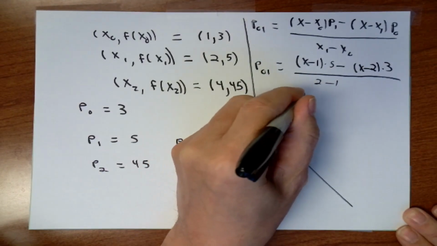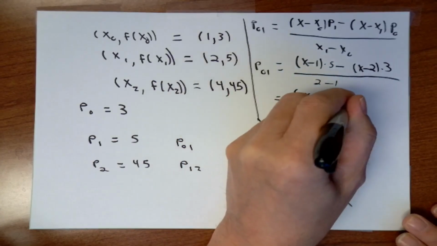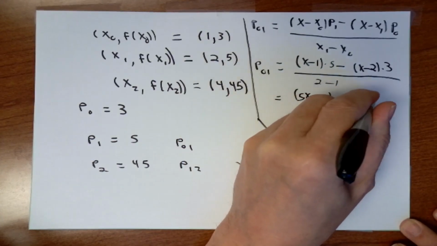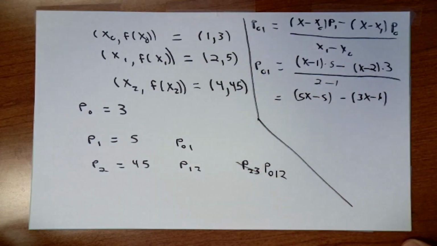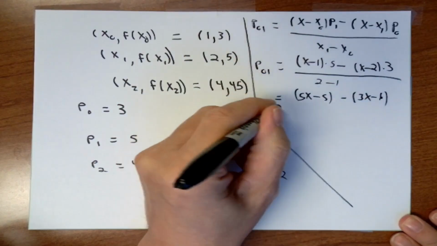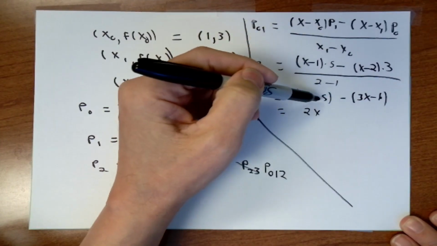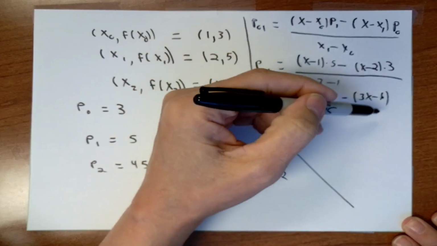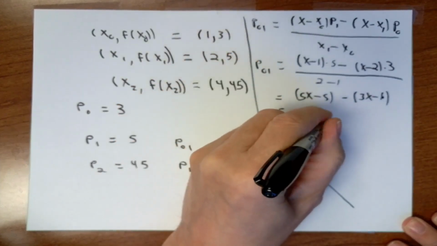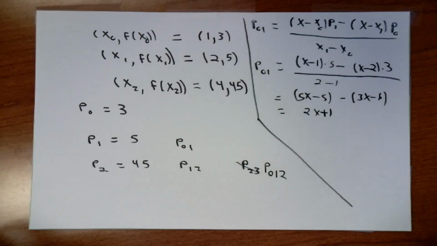The numerator is 5x minus 5 minus 3x minus 6. 5x minus 3x is 2x, and negative 5 minus negative 6 is plus 1. Sanity check here.